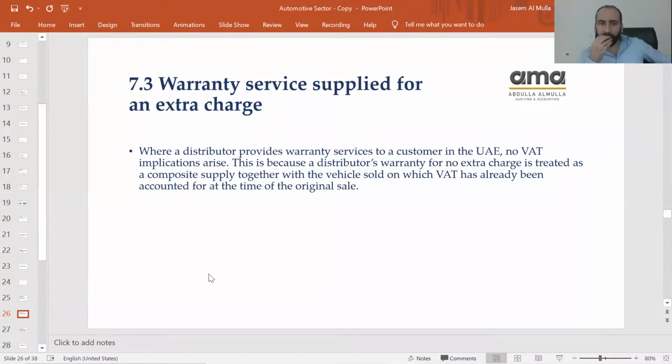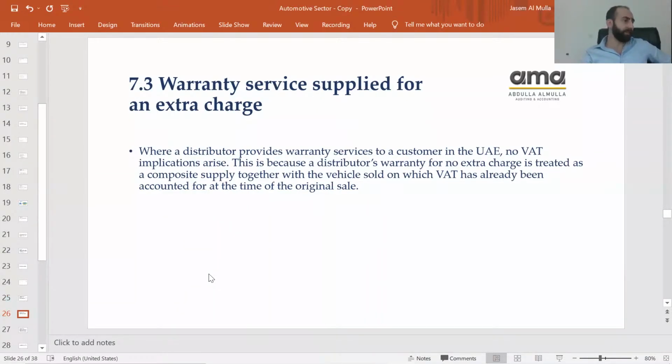Warranty service supply is also for extra charge. Where a distributor provides warranty service to a customer in the UAE, no VAT implication arises. This is because a distributor's warranty for no extra charge is treated as a composite supply together with the vehicle sold, on which VAT has already been accounted for at the time of the original sale.